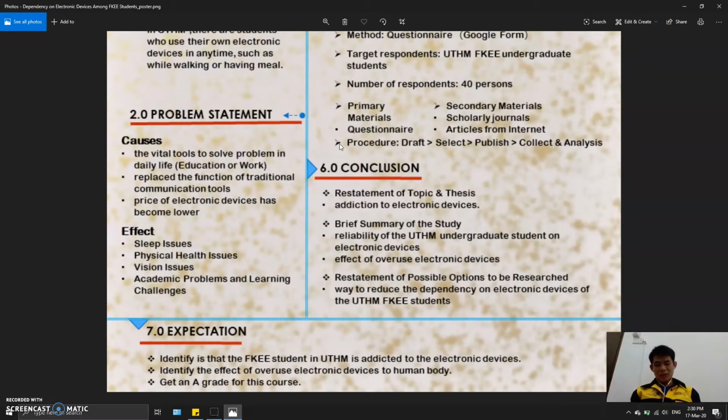Once we indulge in playing electronic devices, we may pay less attention to our academic performance, and we also tend to use much time on our electronic devices rather than learning something new in order to improve ourselves.